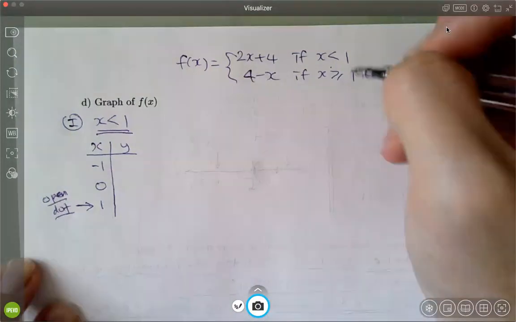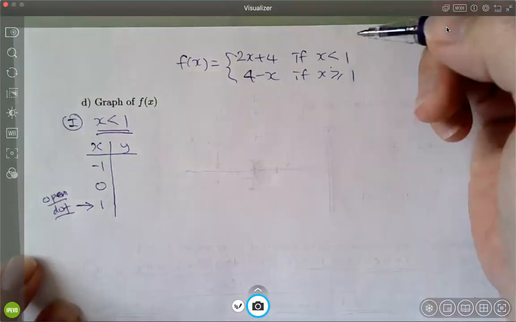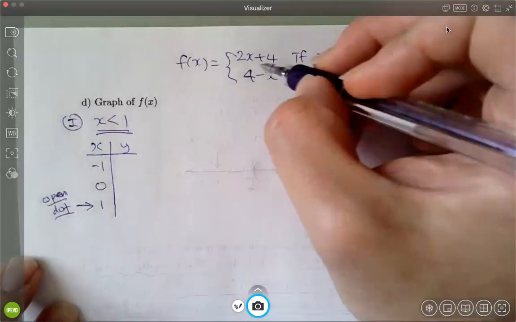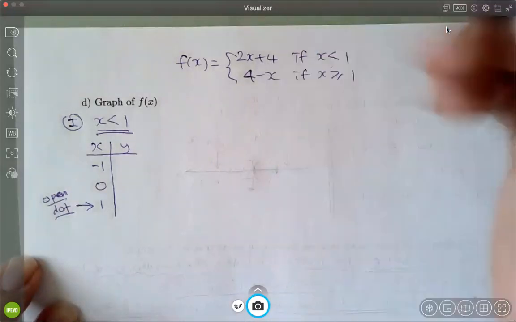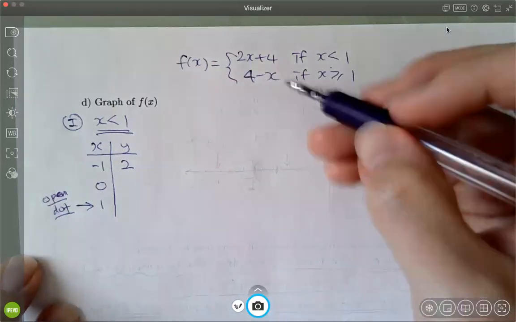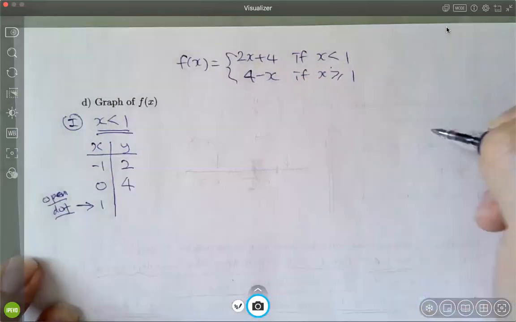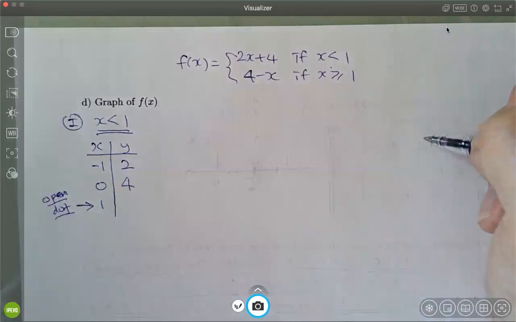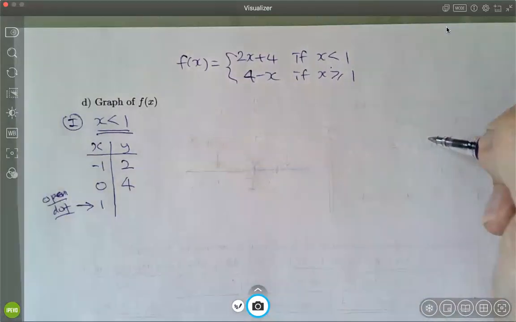Okay, so now when x is equal to -1, what is the y value? It's -2 plus 4, so that's 2, right? And when x is equal to 0, the y value is what? 4, right? And now be careful. I didn't say when x is equal to 1, I said if x were equal to 1, what would be the y value? 6, right?